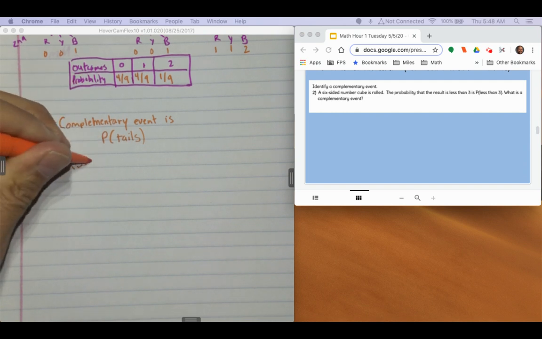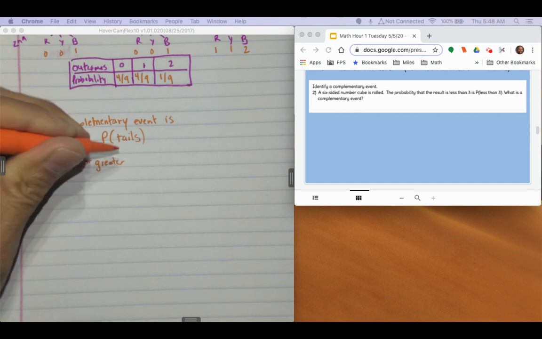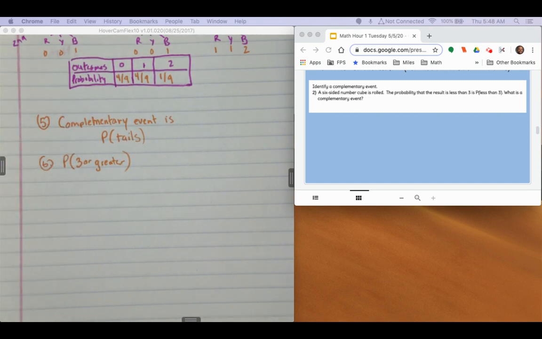You could have worded that a little differently. We just need to make sure that we include 3 as part of our answers. So probability that it's equal or greater than 3. Make sure you're including all of it. I was at first tempted to say greater than 3, but that would not have included 3, and then the two probabilities would not have added up to 100%.